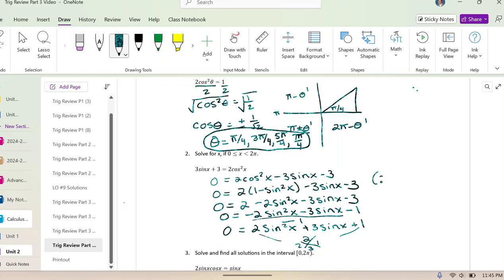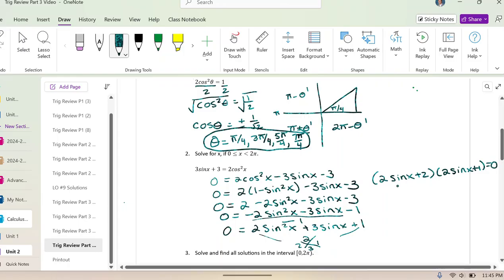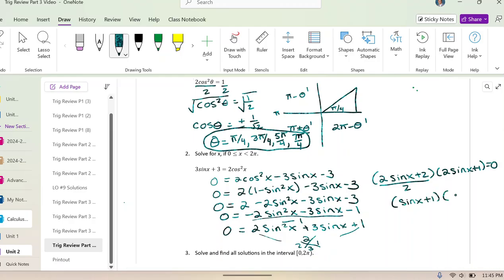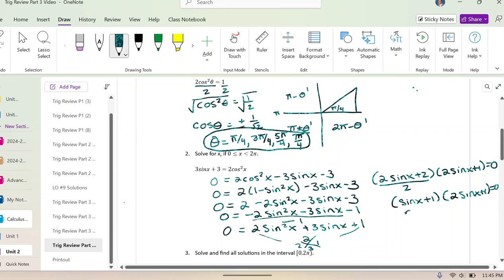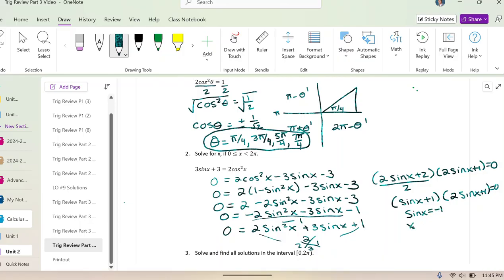So when I factor it, it's going to be 2 sine x plus 2, 2 sine x plus 1. And notice this one you can divide by 2, so you get sine x plus 1 and 2 sine x plus 1. And so the sine is equal to negative 1, and that happens at 3 pi over 2.